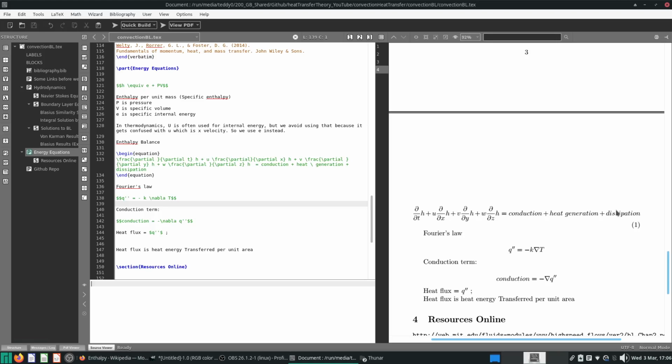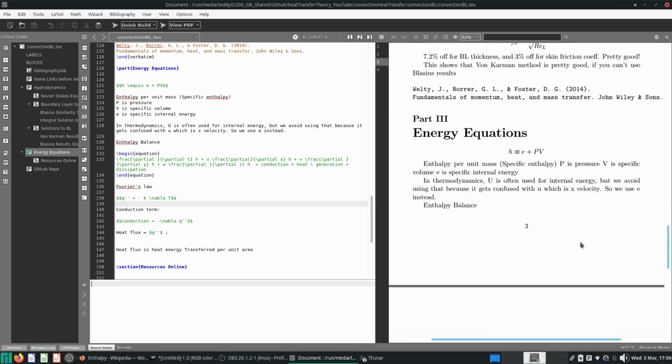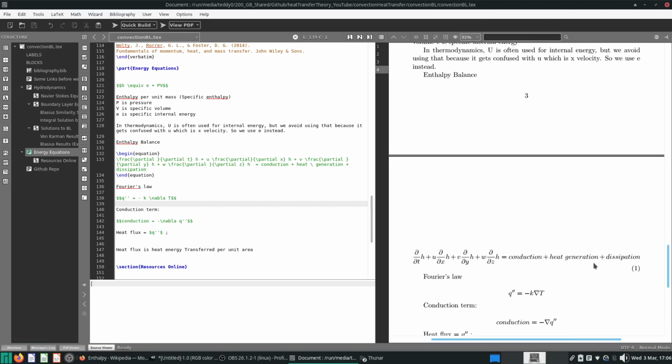And we have dissipation, because when there's friction, friction actually contributes to heat. If your fluid is moving so quickly and there's so much friction, it will actually raise the temperature of the fluid, just like when you press the brakes on a car, or on an aeroplane. Aeroplanes have wheels, so they can press the brakes there as well.